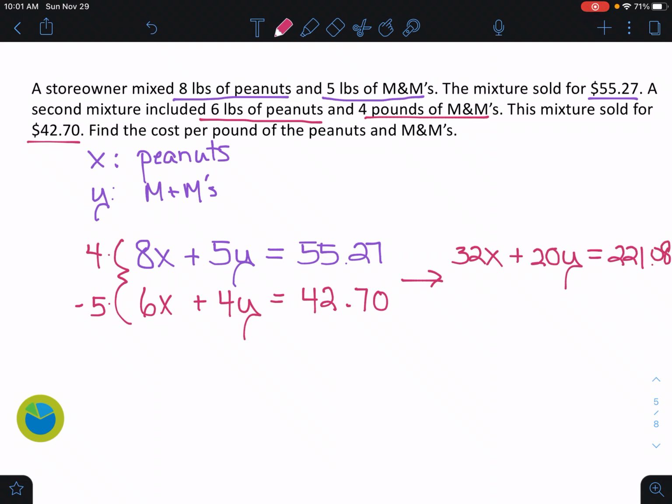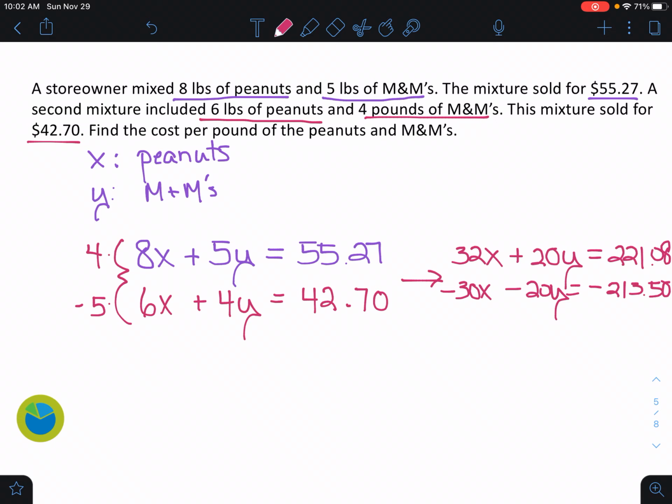Okay, and the second one here, we would have -30x minus 20y equals, and then same thing here, so -5 times 42.70 gives us -213.50.